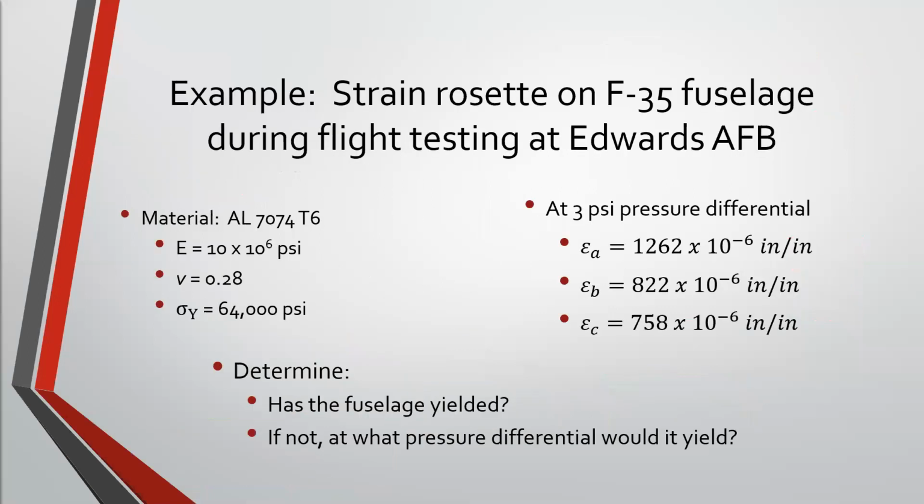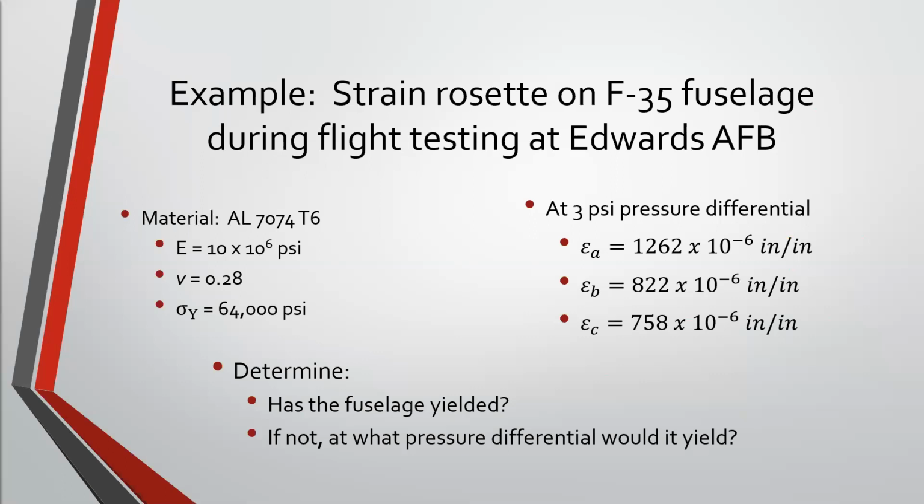We're going to look at a strain rosette that we've attached to the fuselage of an F-35 airplane. And down at Edwards Air Force Base, they're testing these. They're going to read the data from the strain rosette and be able to tell how this material is performing, what the strains were, and then what the stresses were, and ultimately how close it is to yielding.